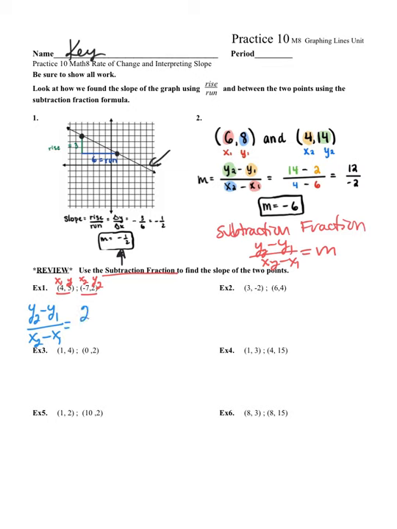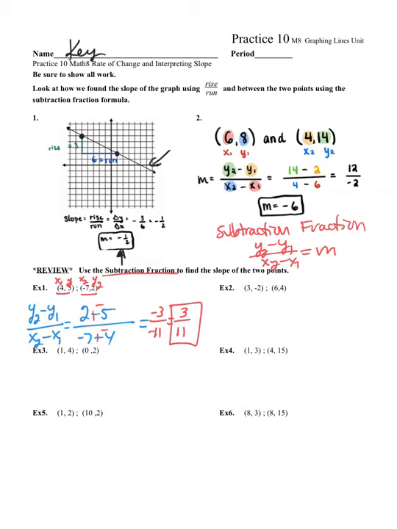Plug in what we know, 2 minus 5, and then negative 7 minus 4. And keep change opposite. You'll have negative 3 over a negative 11. And a negative times a negative is a positive. So the answer is slope is 3/11.